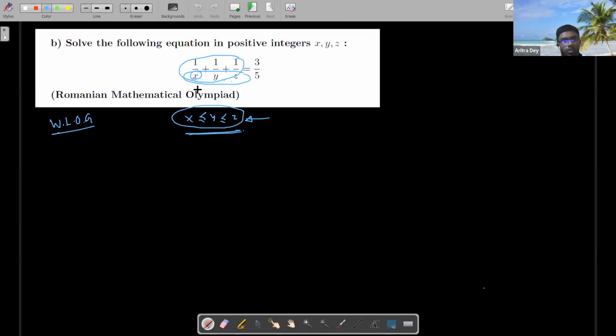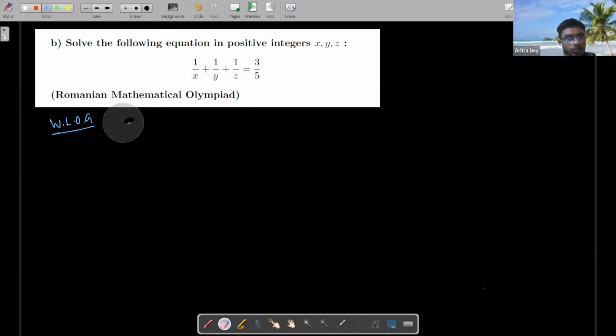But here we can assume one particular ordering in the variables, because if you have three numbers, you know that the numbers can be ordered in this way. That's the basic motivation behind it.